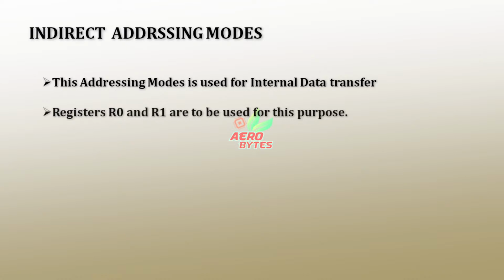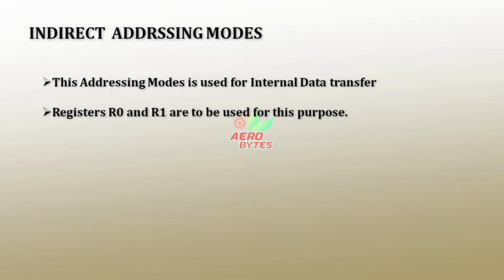Registers R0 and R1 are to be employed for this purpose. Only R0 and R1; no other registers are used for internal data transfer or indirect addressing mode.